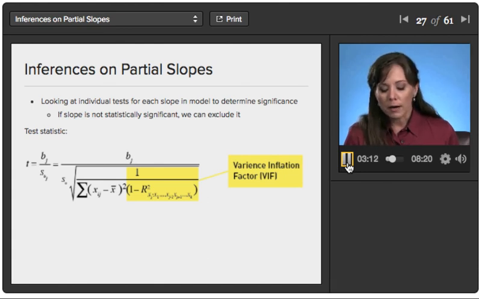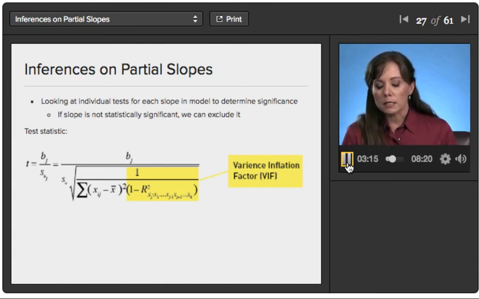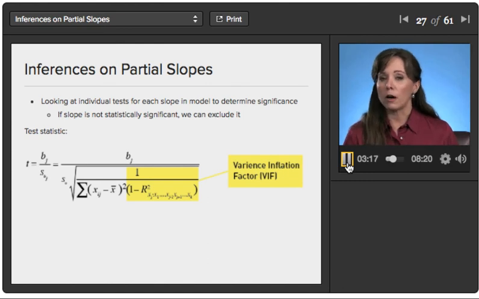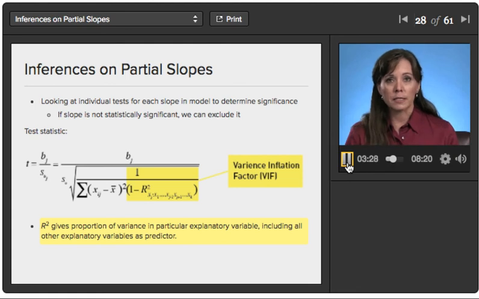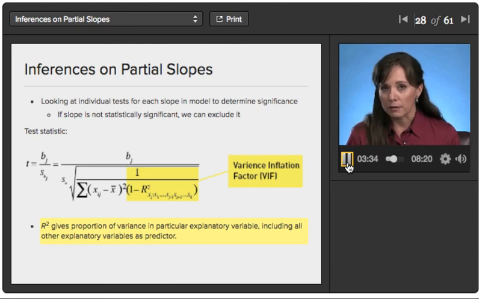It's the r squared for that value of x as the response variable with all the other values included in the model. So this r squared tells us the proportion of variance in the particular explanatory variable that's under investigation with this slope, including all other explanatory variables as the predictors.